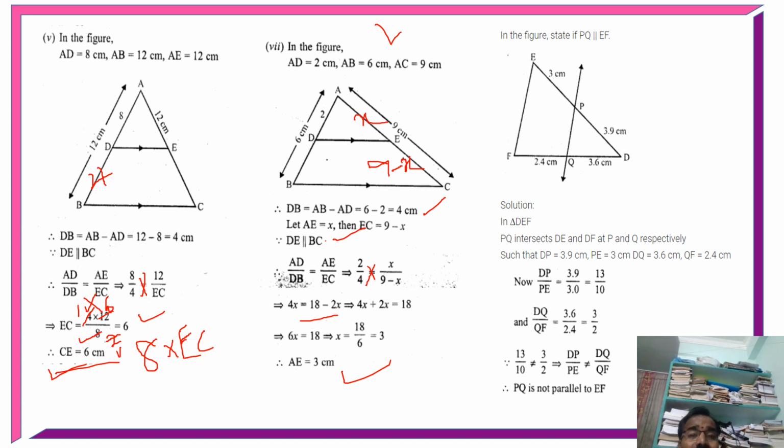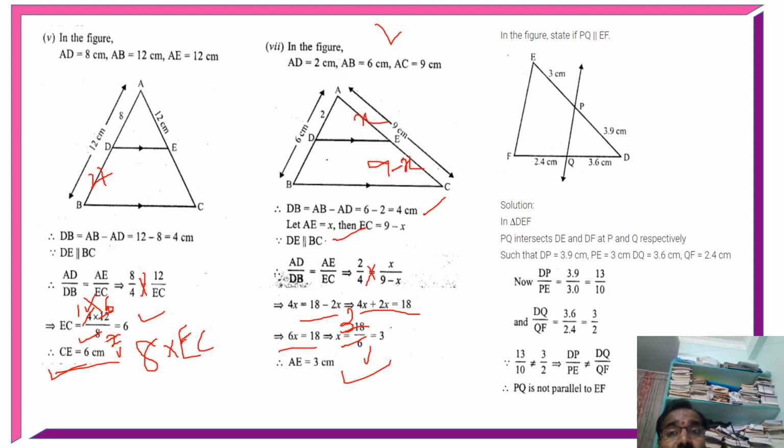Transpose to find the x value: write all x terms on one side and the constants on the other side. We got 4x plus 2x equals 18, 6x equals 18, x equals 18 by 6, that is 3, since 6 threes are 18. So AE, which is x, is 3 centimeters.